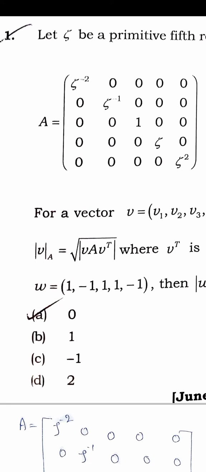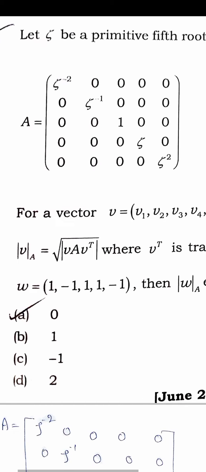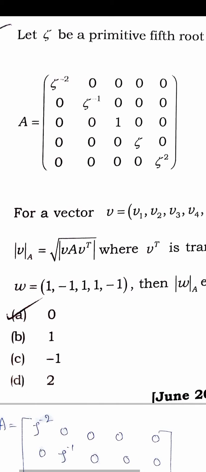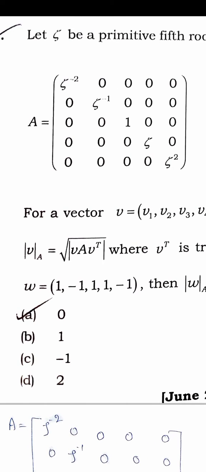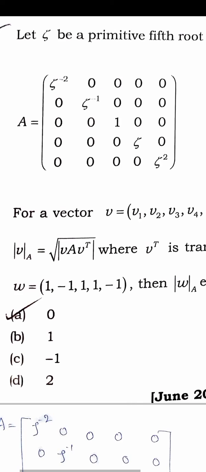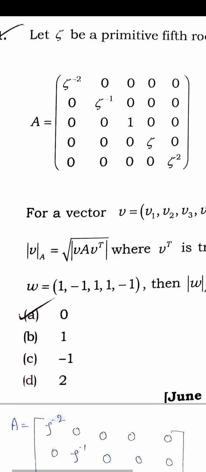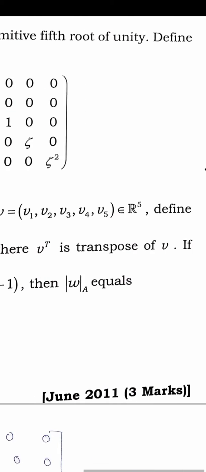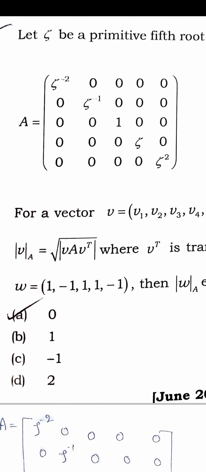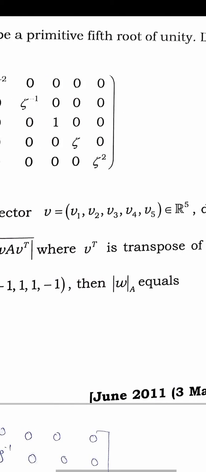So today we will discuss the CSIR NET 2011 question, a question from inner product space. Let's take a look at it. It says: let J be a primitive fifth root of unity, and I am defining a matrix A. For a vector V from R5, define this mod V of A, which is the square root of modulus V A V transpose.